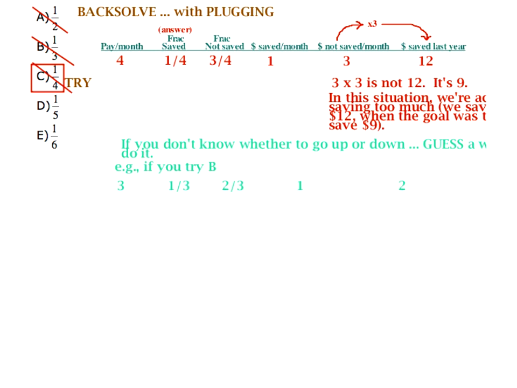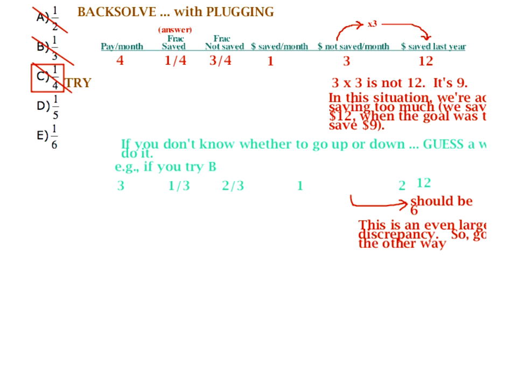So you would still be saving 12 last year, but 2 times 3 would be 6, and we would want 6. So that's even worse. Now it's a larger discrepancy. So go the other way.